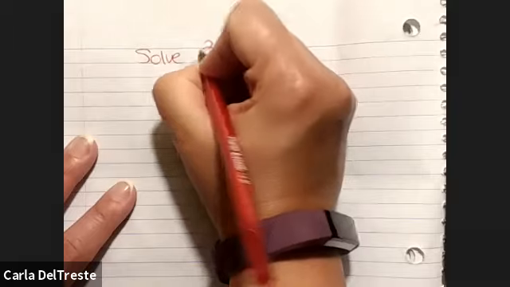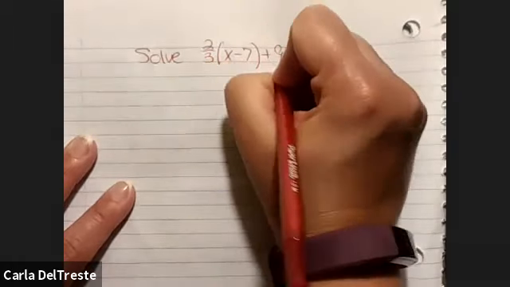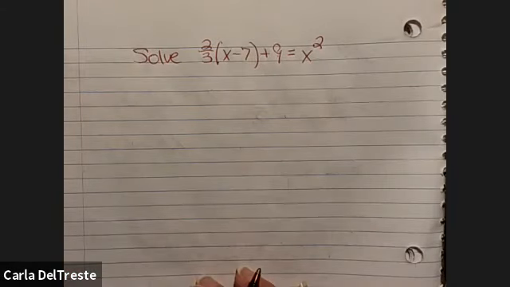Last but not least, for the graphing calculator, we're going to see what happens if we want to solve an equation. So if you have any equation that you're being asked to solve, for example, let's say we want to solve 2/3 times x minus 7 plus 9 equals x squared.